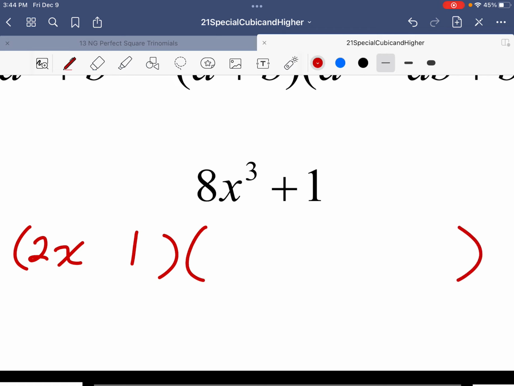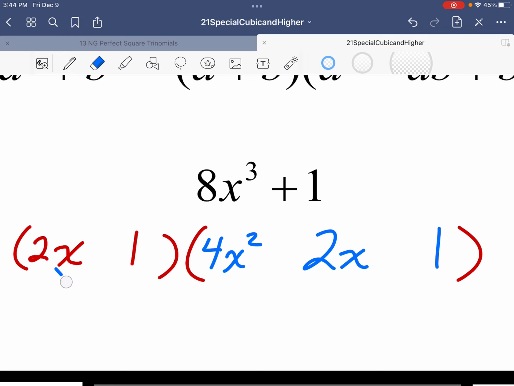Now, in this parenthesis, what we're going to do is square what we wrote down. Now, when you square 2x, you get 4x squared, right? And then we're going to square the 1. That's still 1. Again, 1 squared is still 1. And then I multiply these together. And that gives me 2x.